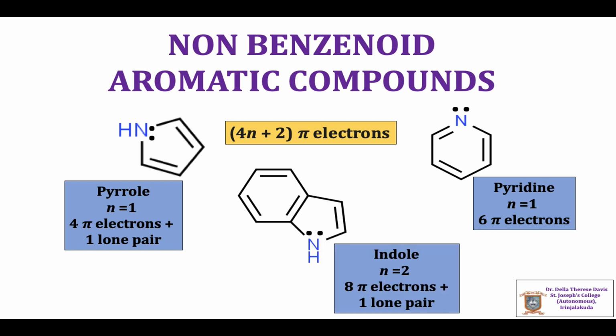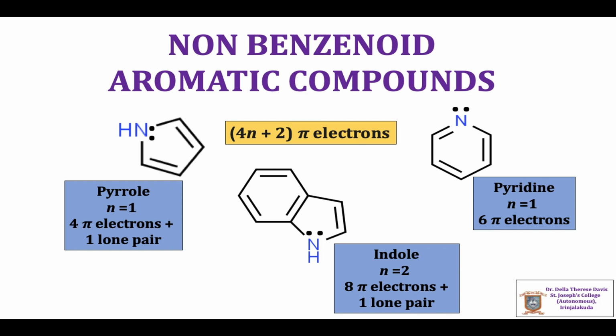Indole is an example for bicyclic non-benzenoid system. It obeys Huckel's rule of aromaticity. It has 8 pi electrons, and the lone pair of electrons on the heteroatom nitrogen also contributes for the delocalization, and thus 8 pi electrons plus 1 lone pair giving 10 electrons for delocalization.